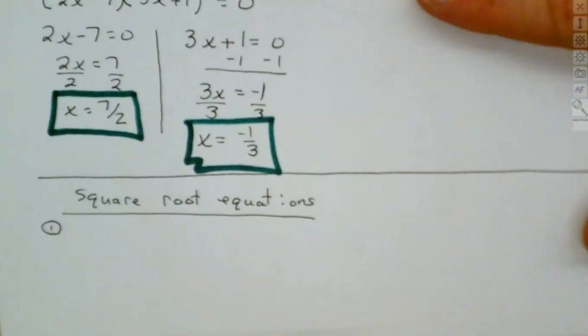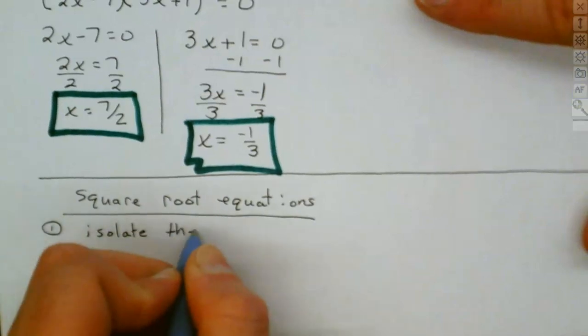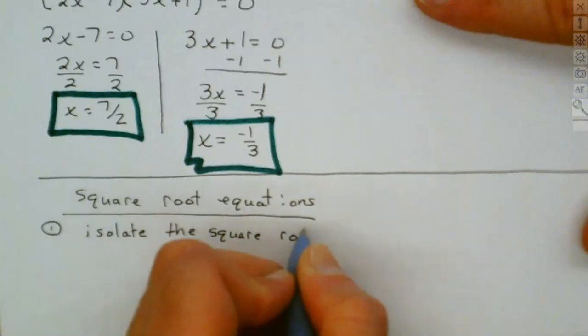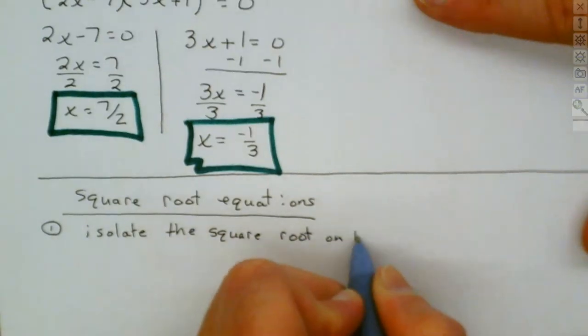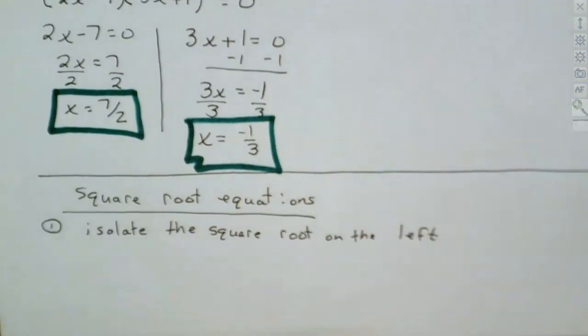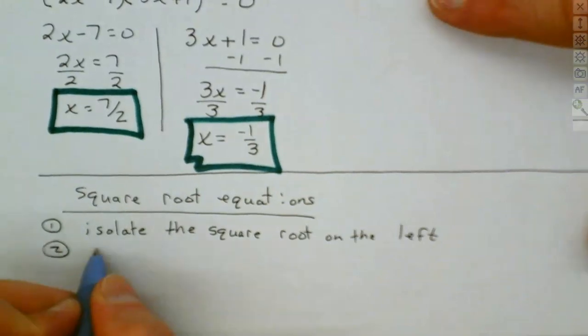So step number 1 is you want to isolate the square root on the left. So you want to get that square root all by itself on the left. Step number 2 is you square both sides.